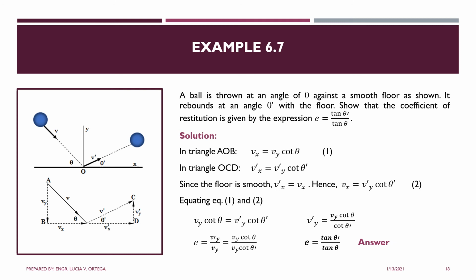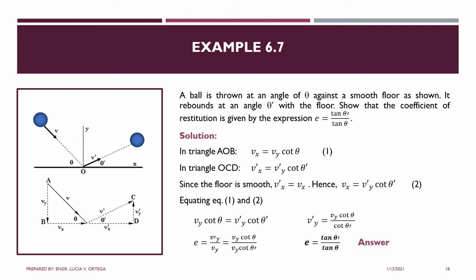It should be in the same direction. Initially, we equate the velocity in the horizontal direction. Then for the coefficient of restitution, we use the vertical component of velocity after impact divided by the vertical component of velocity before impact.